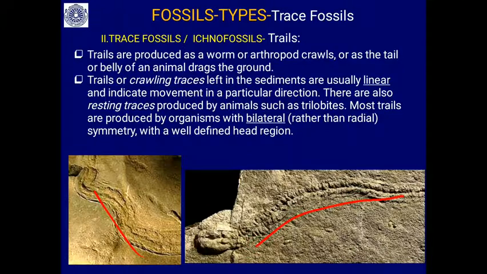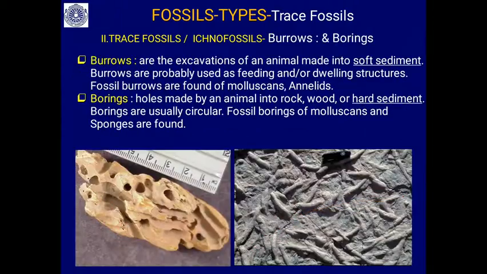There are also resting traces. You can see the fossilized trails that are recovered. One can know whether it is a bilateral animal or radial symmetry or what type of head they have. All this information one can get by studying these trails.